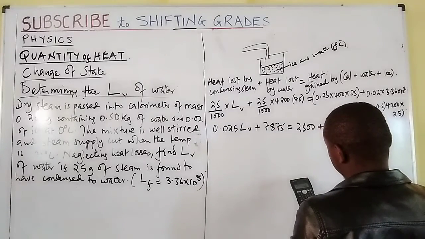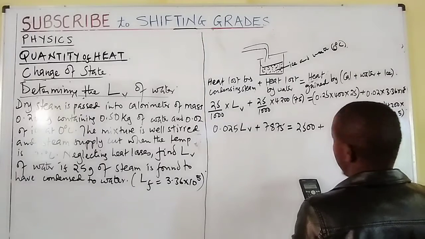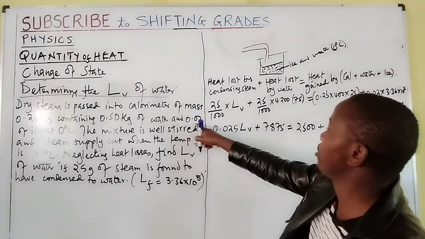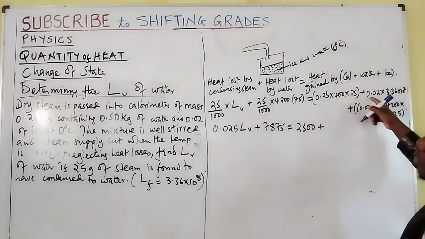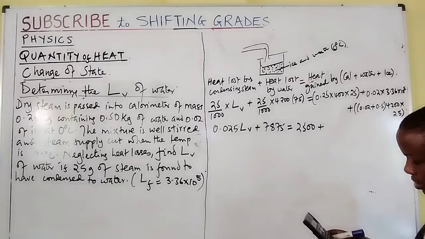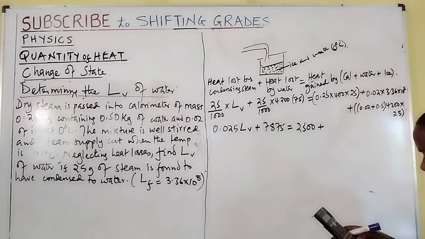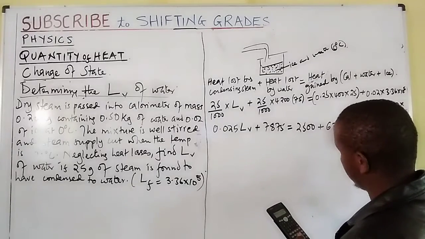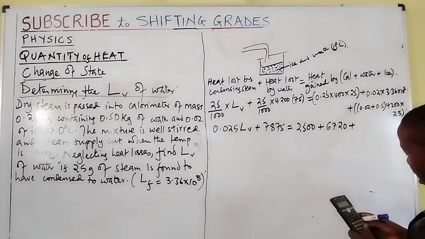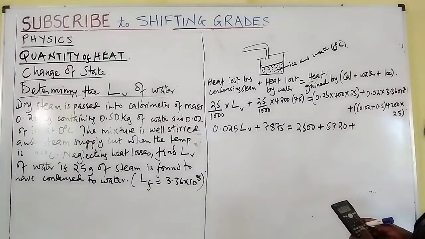plus 0.02 kilograms times 3.36 times 100,000, we get 6720, plus the ice which has become water, 0.02, plus the water which was initially there, 0.5, we get 0.52.